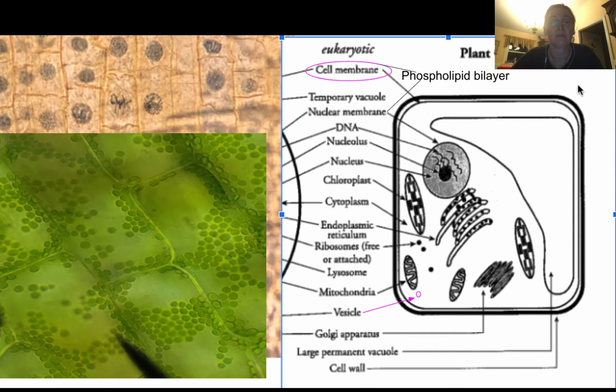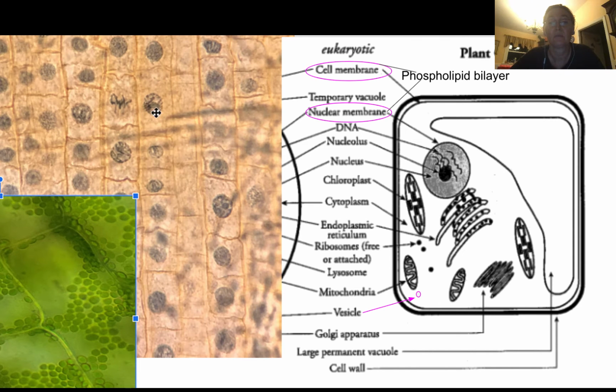That means they're made of a phospholipid bilayer. So that nuclear membrane, go ahead and pop a circle around it or highlight it somehow. We can see that not in the Elodea, but in the onion root tip, that's the boundary around these nuclei.